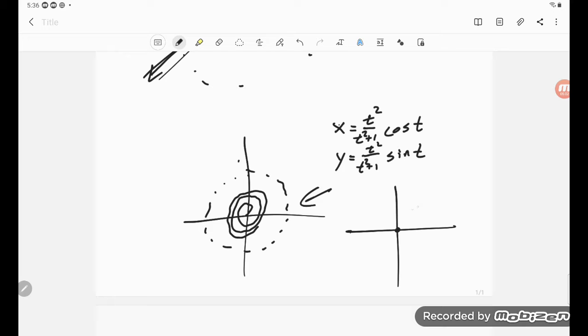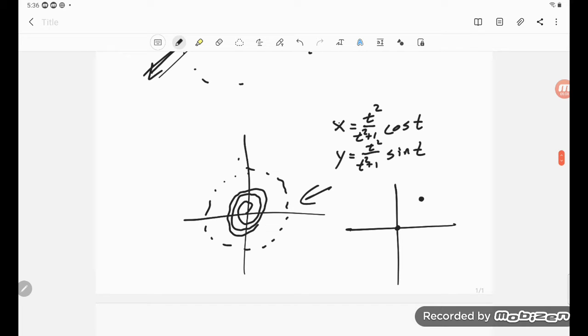So I'm going to be out here somewhere near a distance of 1 in x and y, but I'll be less than the square root of 2.